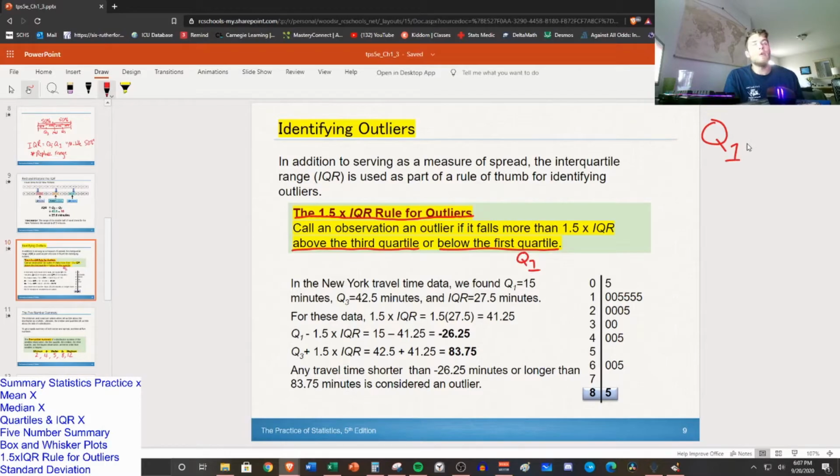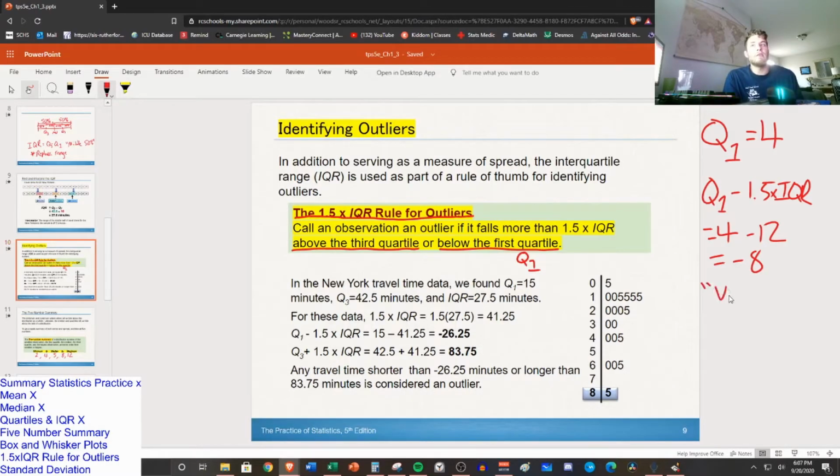Q1 for our distribution was 4, and we want Q1 minus 1.5 times IQR. Well, that's going to be 4 take away 12, which gets us negative 8. So any value less than negative 8 is an outlier.